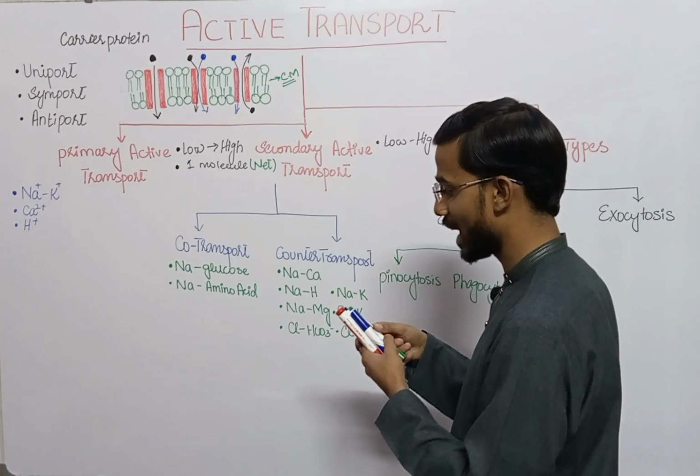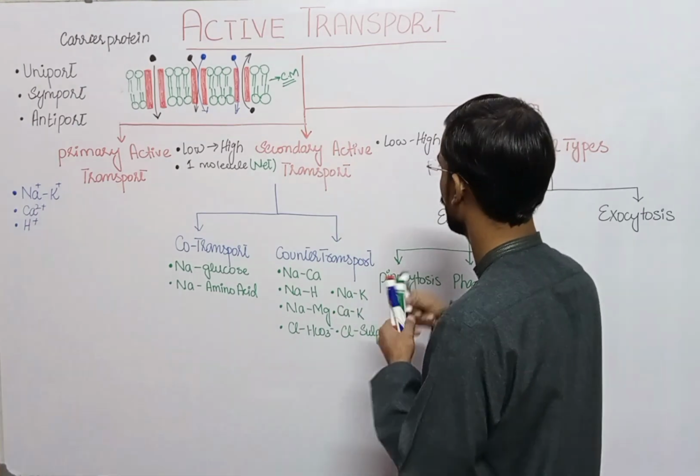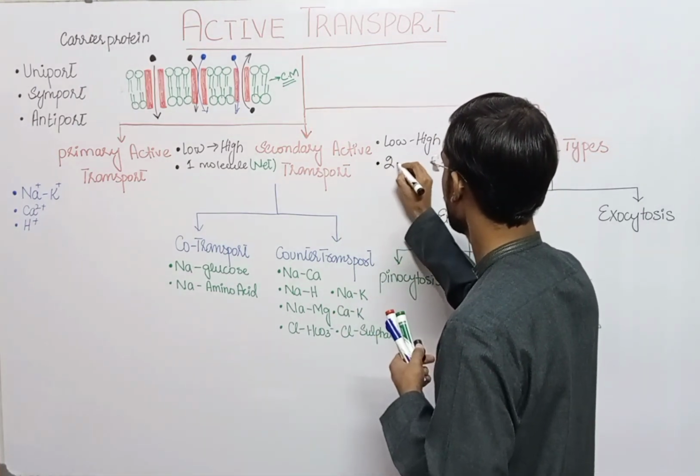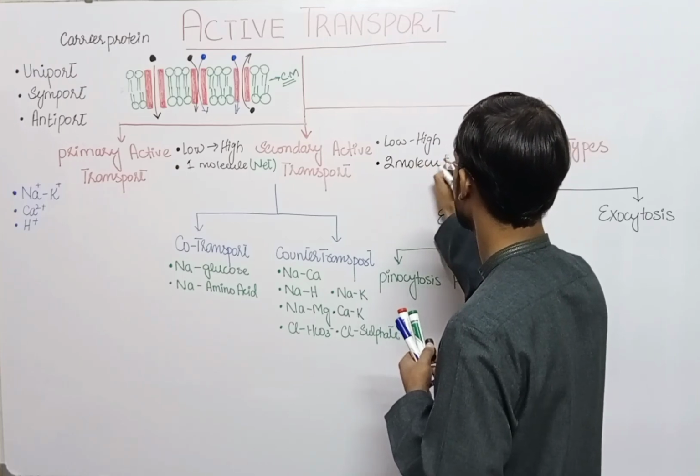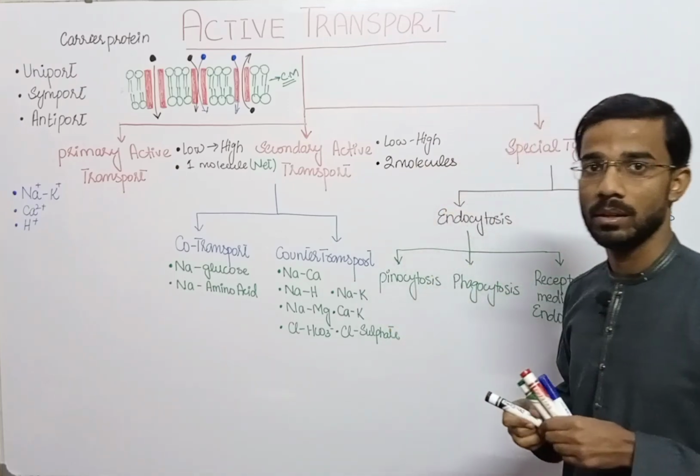But in secondary active transport, two molecules will be transported across the membrane.